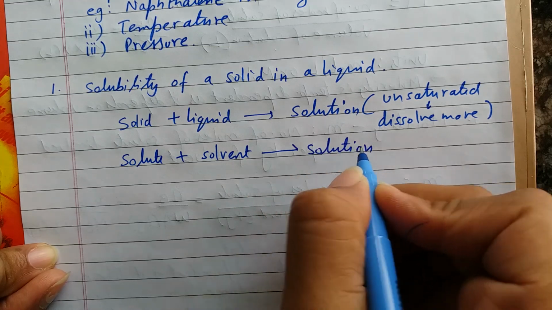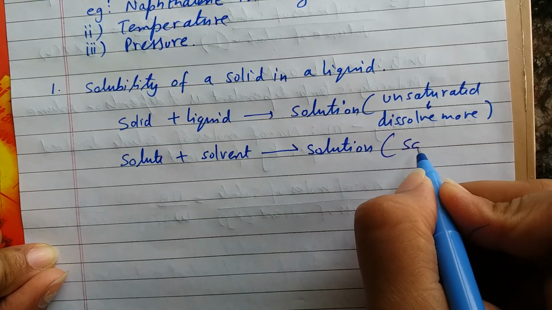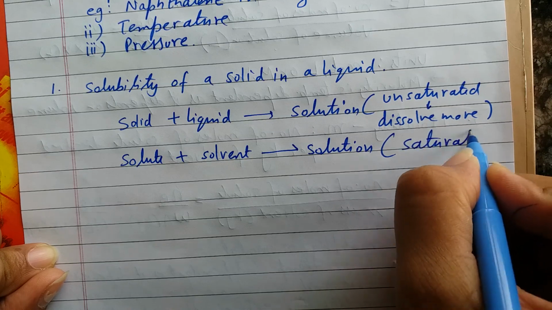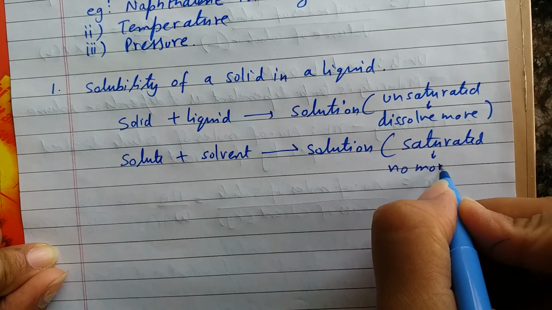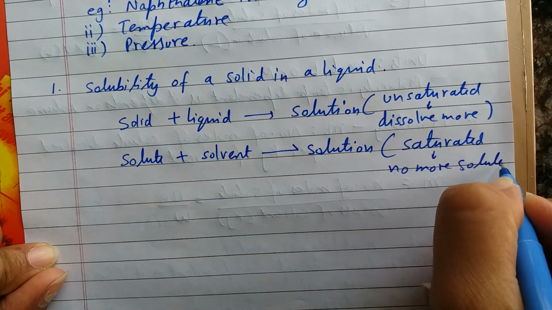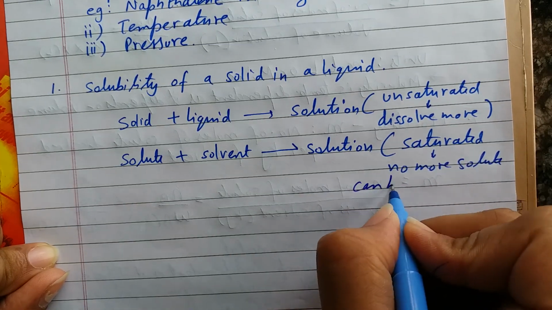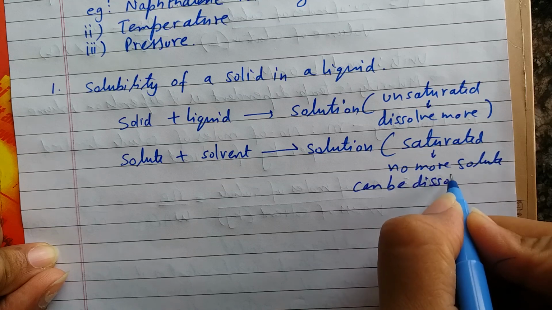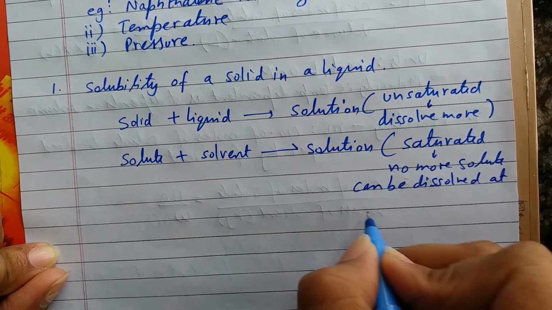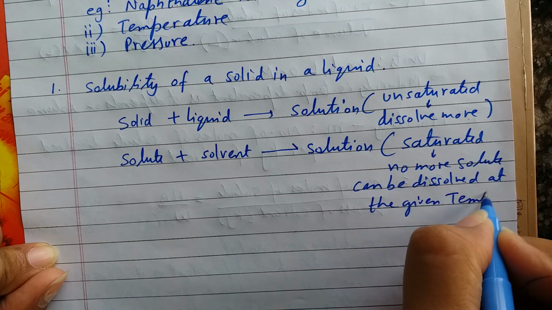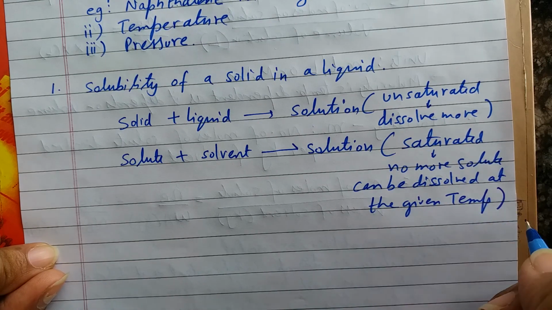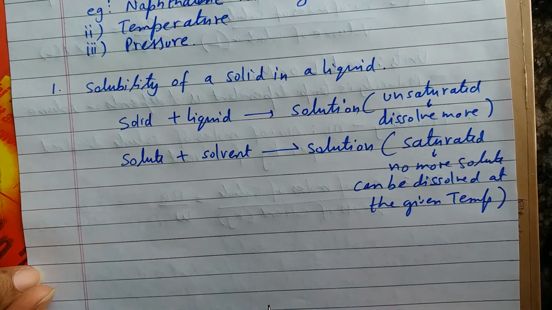And now the solution is saturated, and that means no more solute can be dissolved at the given temperature. If you keep the temperature constant, then now no more solute can be dissolved in it. This solution is now saturated.